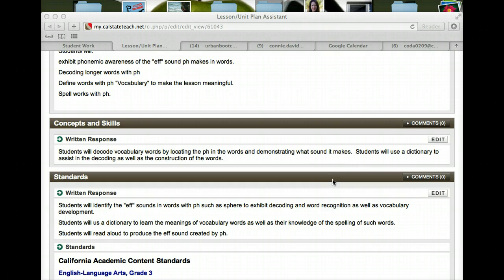Now, decoding a word and identifying PH and telling me what sound it makes are two different things. Decoding of vocabulary words means that I'm going to be able to string all those phonemes together and tell you what the word is and say the whole word.